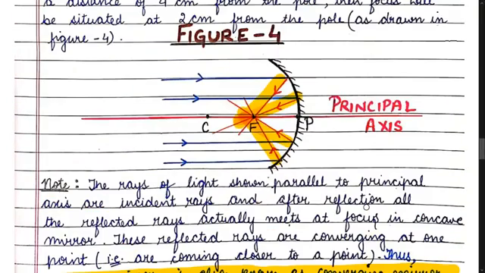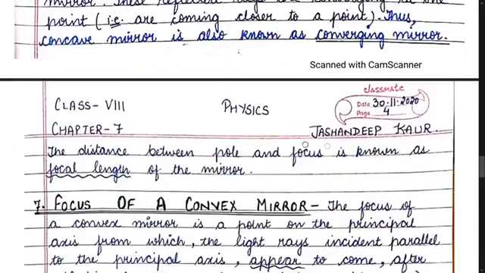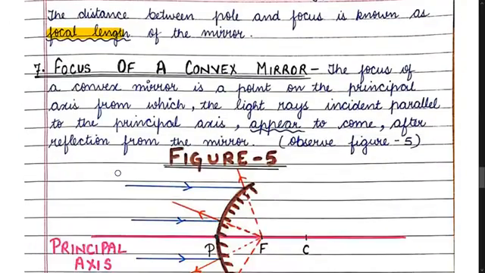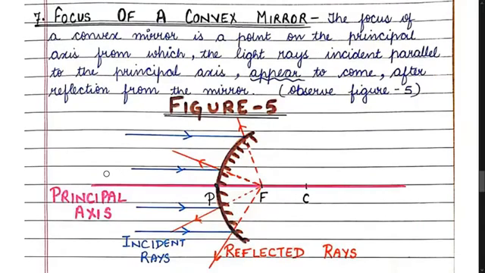Students, the distance between pole and focus is known as the focal length of that mirror. So students, now coming to the focus of a convex mirror.